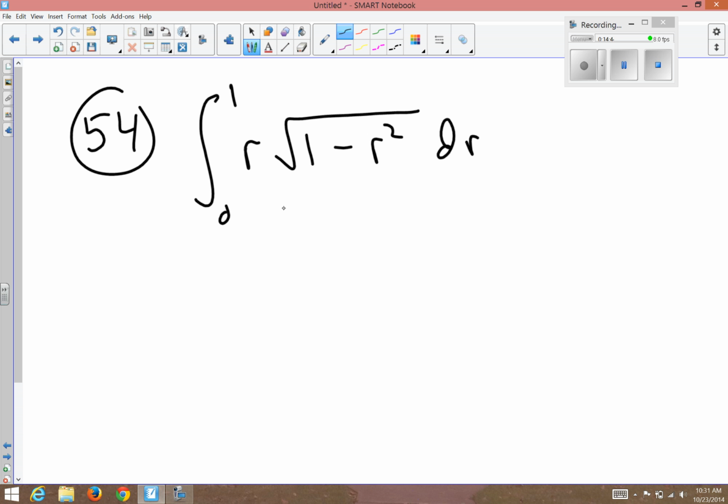I'm going to rewrite this as the integral of parentheses 1 minus r squared to the 1/2. The r that was at the beginning I'm going to put over here. You might have a temptation to put this r to the left, but the only thing you're allowed to take to the left is a constant that's multiplied. This r has to stay to the right of the integral sign.